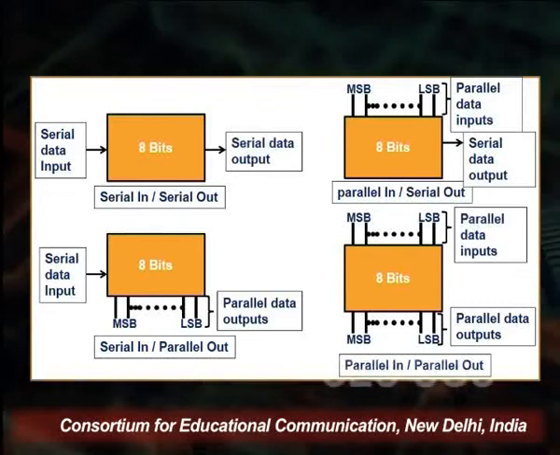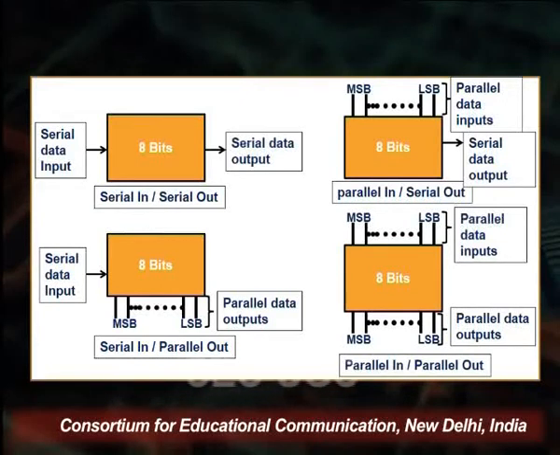So the industry decided to make a universal shift register which can be used for serial data input, serial data output, serial input, parallel output, parallel input, serial output, and finally parallel input and parallel output. So depending on the choice made by common persons like us, depending on the applications, we can configure this universal shift register as SISO or SIPO or PISO or PIPO.